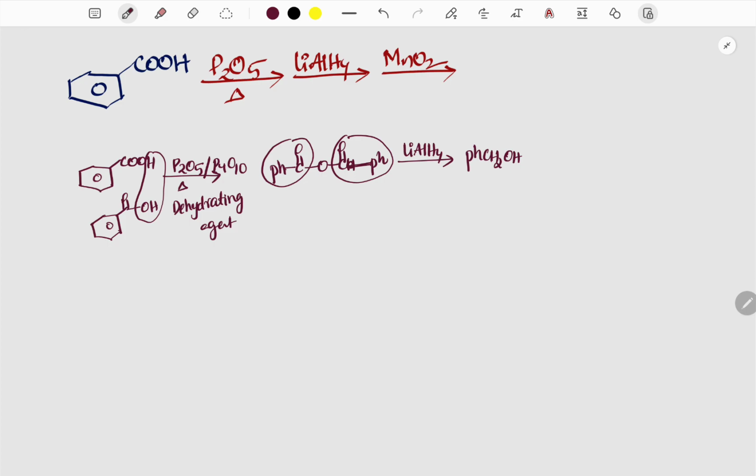Now this alcohol is treated with MnO2, and MnO2 is an oxidizing agent, so this alcohol undergoes oxidation and forms benzaldehyde. And this MnO2 oxidizes only allylic and benzylic alcohols.